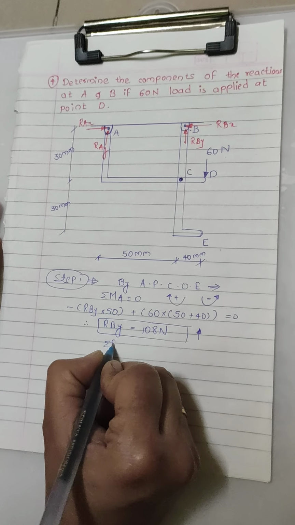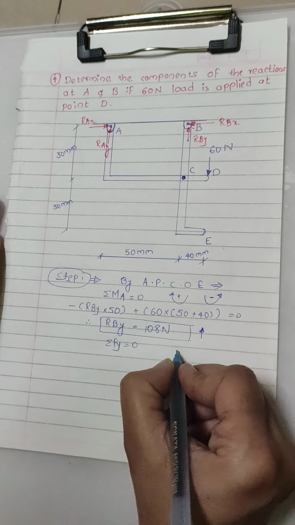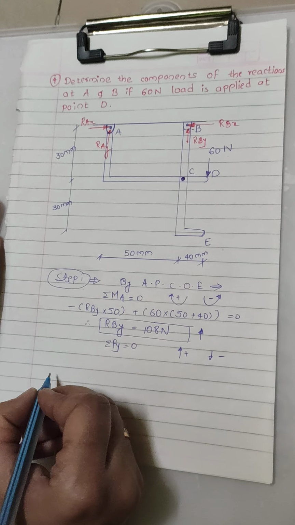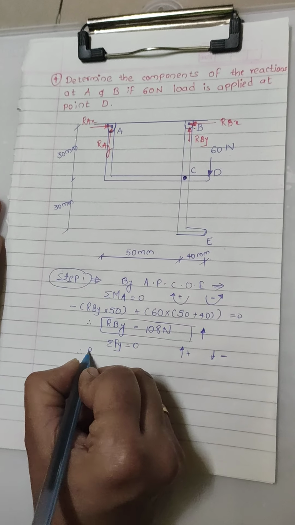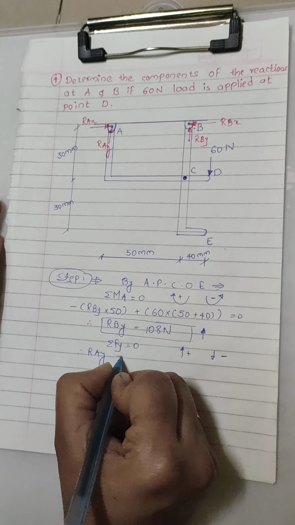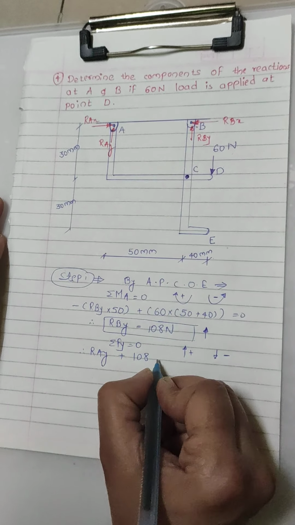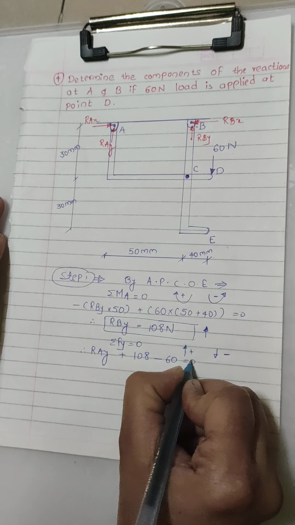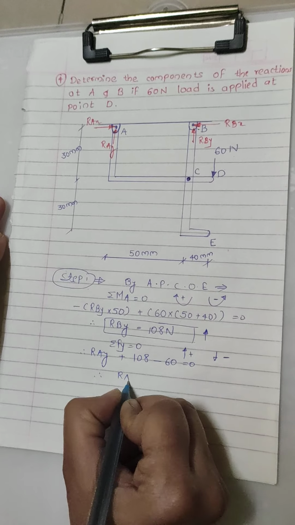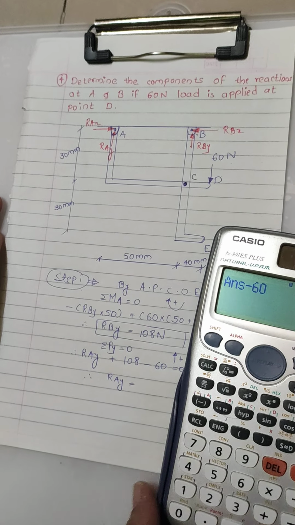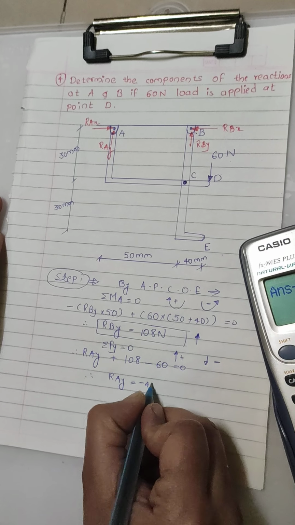Now the second condition, summation Fy equals 0, upward positive, downward negative. So RAY plus RBY, which is 108, and this 60 is acting downward, minus 60 equals 0. So RAY will be minus 48.